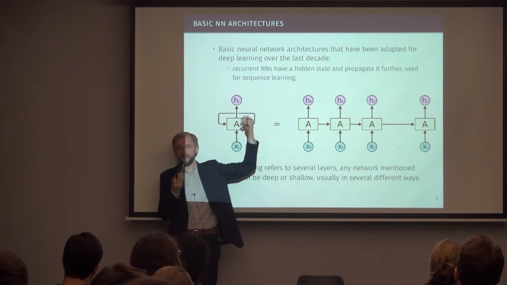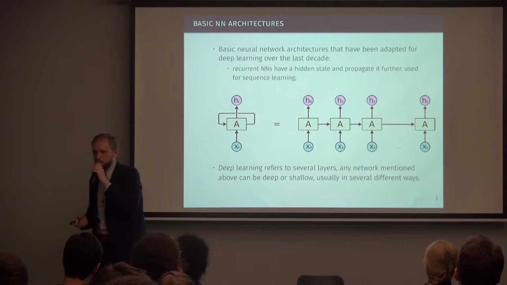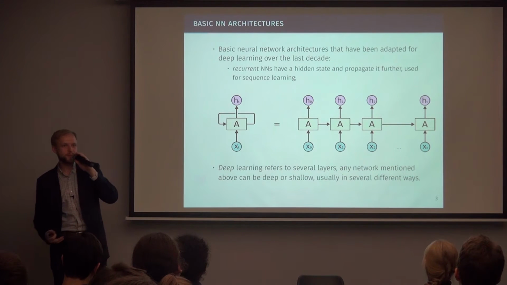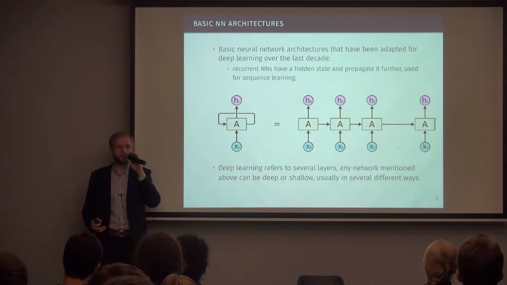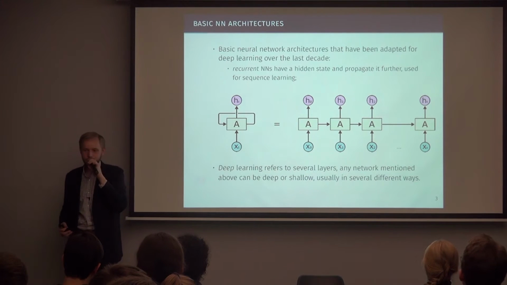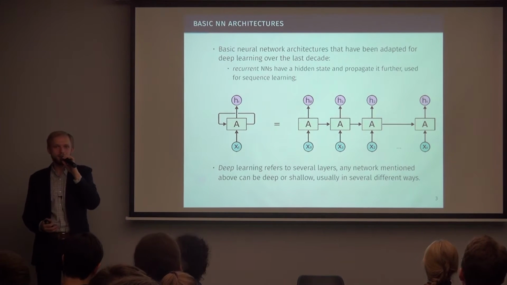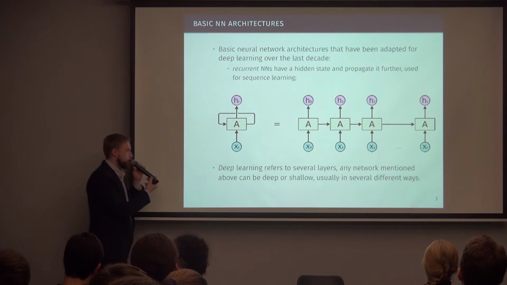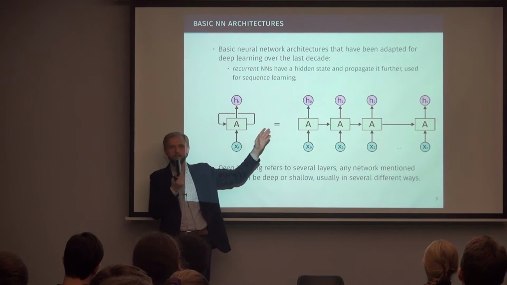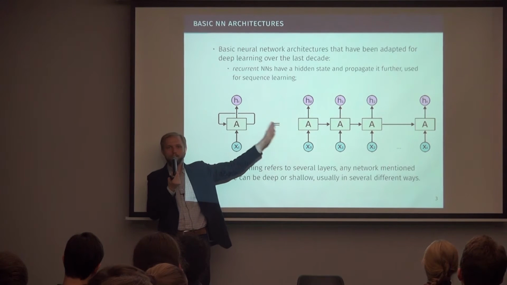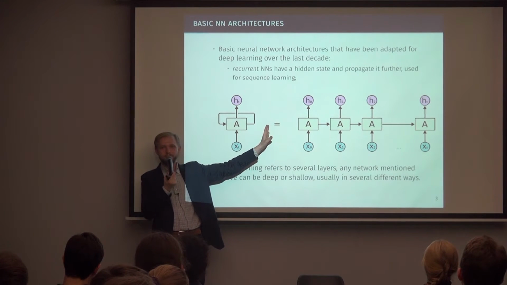They will just blow up, and this is known as the exploding gradients problem. To fix the exploding gradients problem, people usually do some sort of dirty hacks like gradient clipping. Basically, you say that okay, the gradients can explode, but we will artificially clip them to a maximal value, and we will not allow them to grow larger than that. Okay.